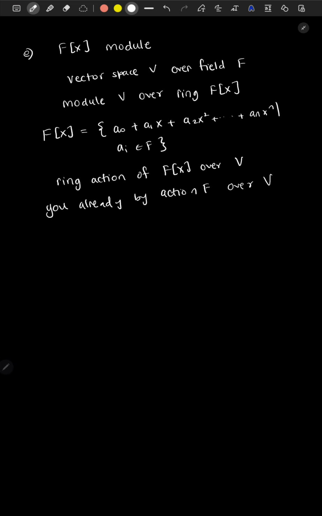How do you extend it? We'll digress a little bit. Consider a map T from V to V. Now you can also think of T squared as a map from V to V, where it's basically applying T twice, and so on. T^n is also defined the same way.